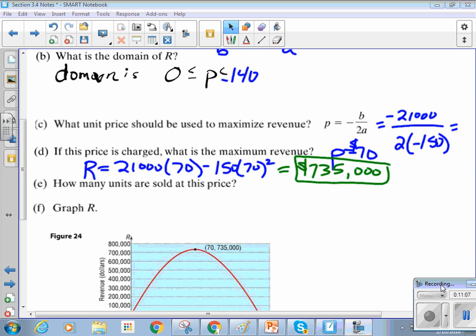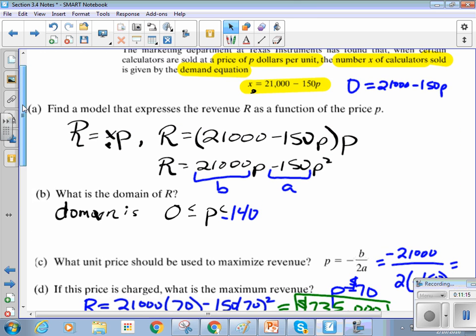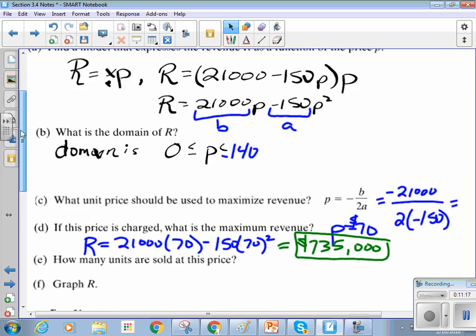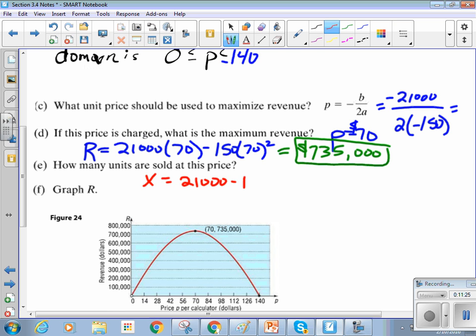All right, so E says how many units are sold at this price? So let's go back to our X. X is equal to 21,000 minus 150p. But in this case, our P is 70.